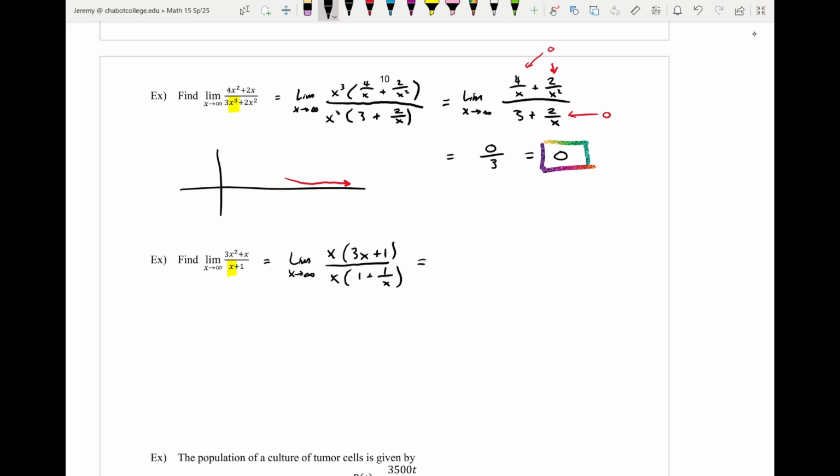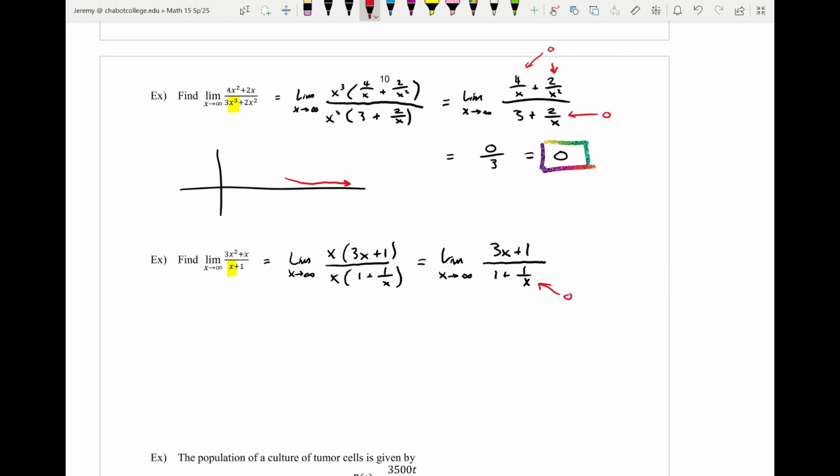Okay, I can simplify x over x as just 1, so I can just write this as the limit as x goes to infinity of 3x plus 1 over 1 plus 1 over x. So I'm ready to take this limit as x goes to infinity.